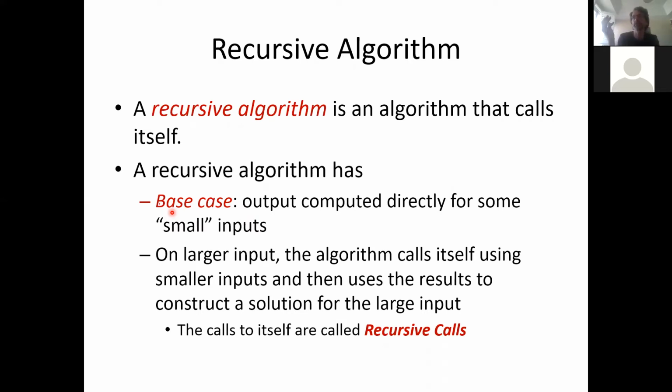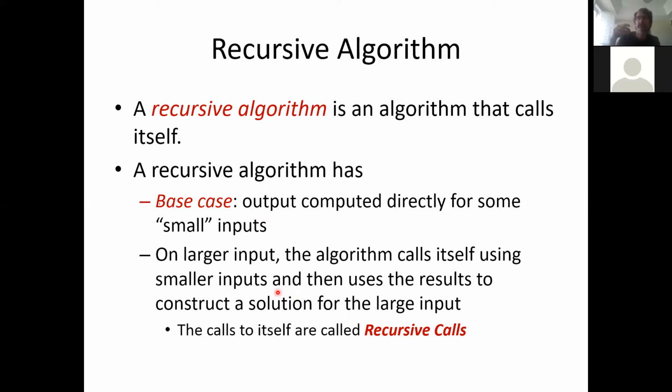For example, in the Fibonacci sequence, they were just declared. The 0 index was declared to be 1. The first index element was also declared to be 1. You can think of them as part of the base case definition of the Fibonacci sequence.